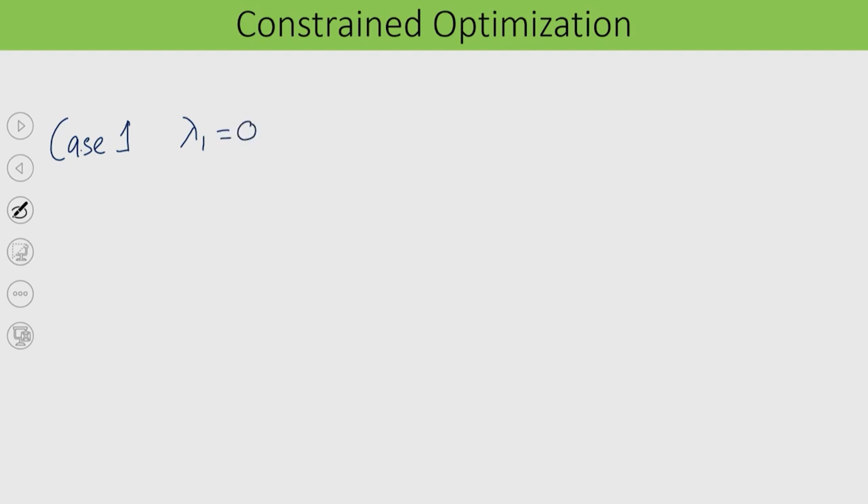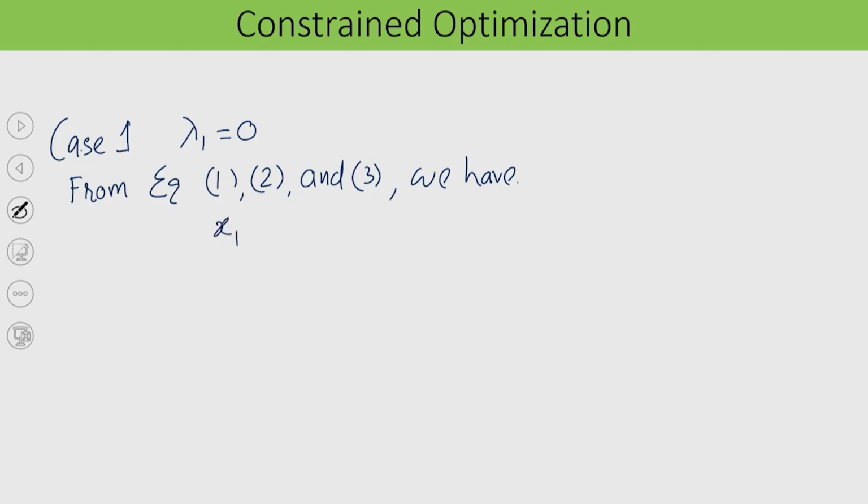So, in that case, from equations 1, 2 and 3, we have x 1 equal to lambda 2 by 2, x 2 equal to minus lambda 2 by 2 and x 3 equal to lambda 2 by 2.